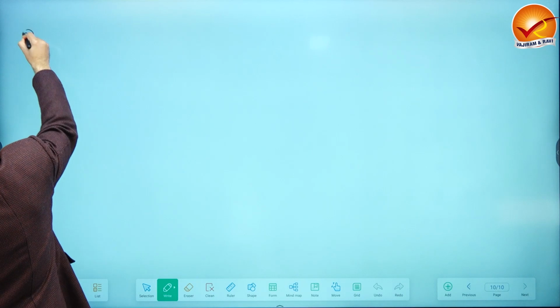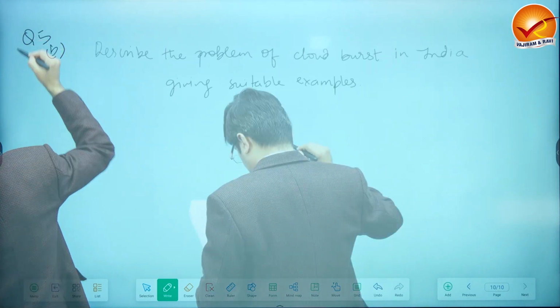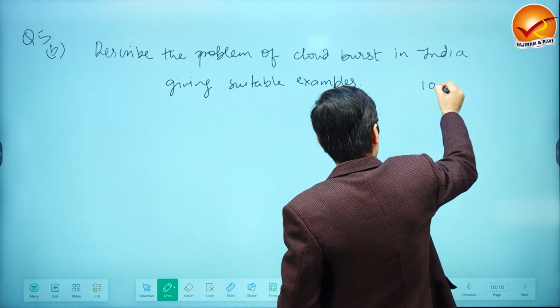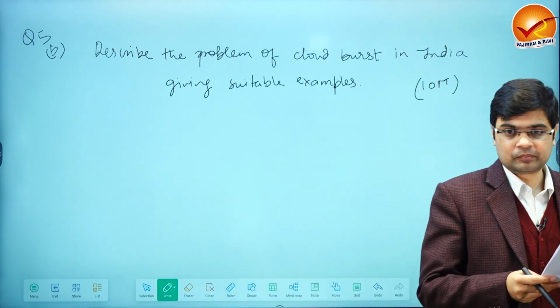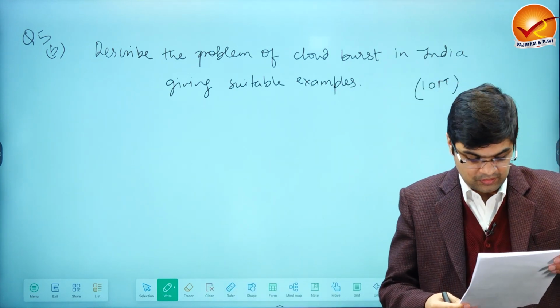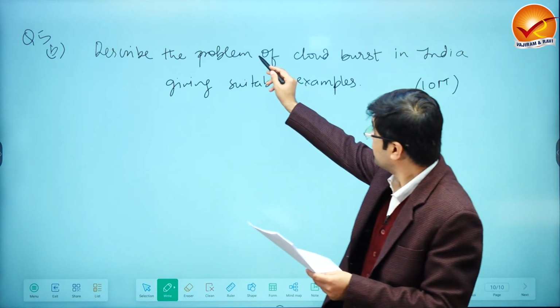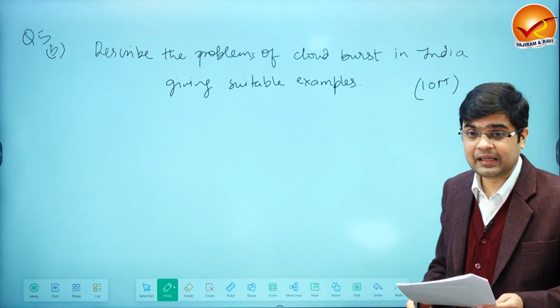Section B, question 5B, I'm taking up. Ten marks, question 5B. Describe the problems of cloud burst in India, giving suitable examples.